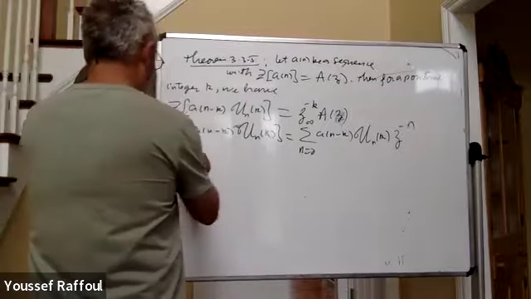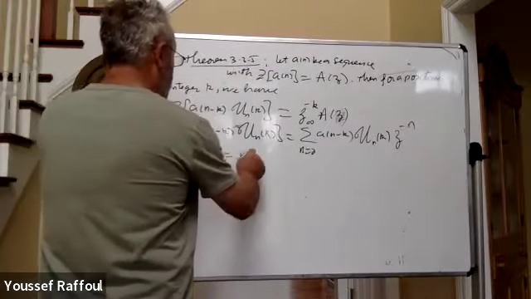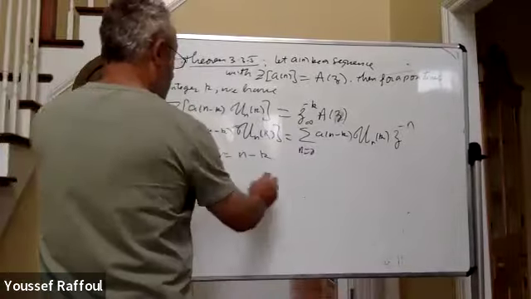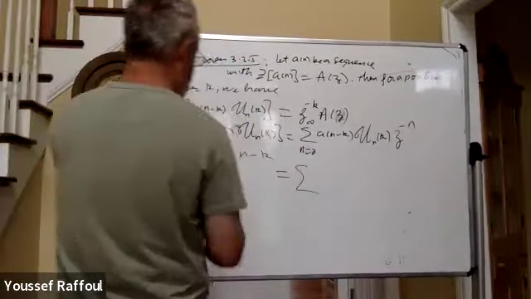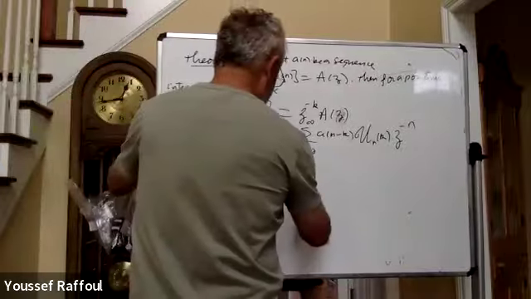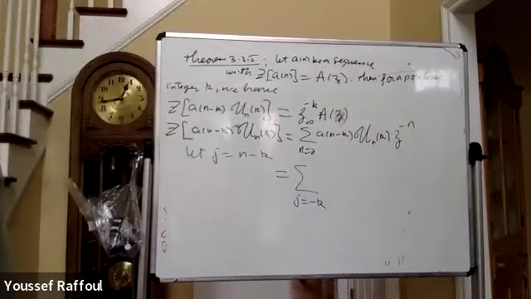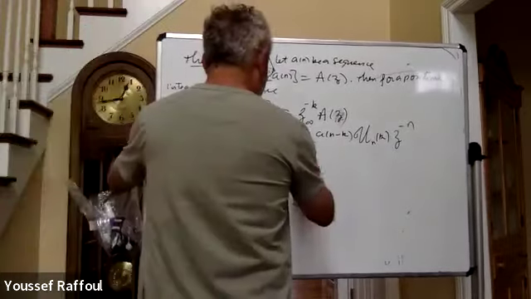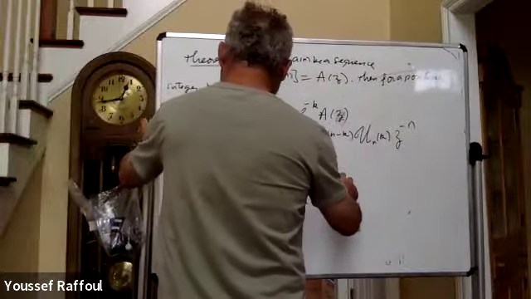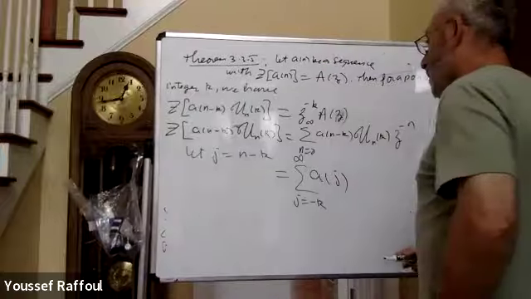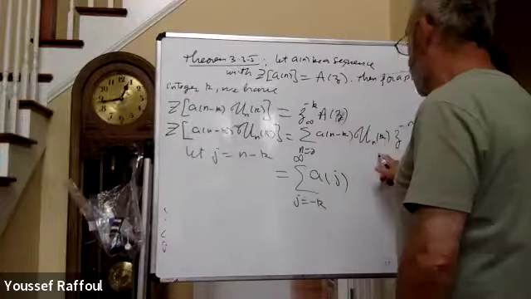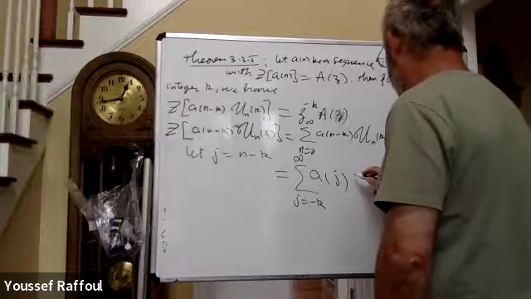So if we let J equal N minus K, this becomes the sum from N equals 0, J equal minus K, to infinity, of A J, U N of K, I'm gonna leave it alone.